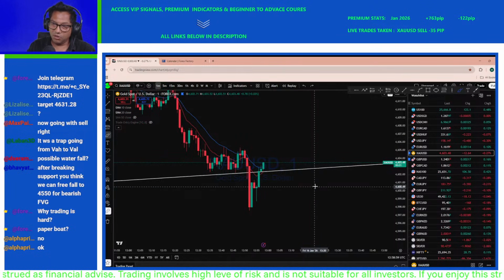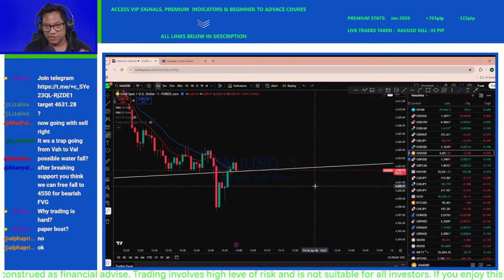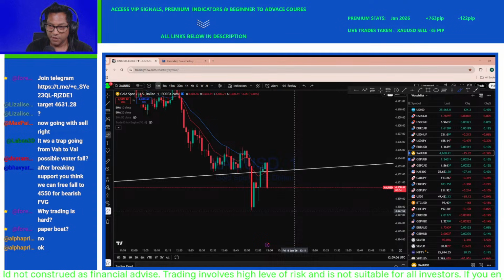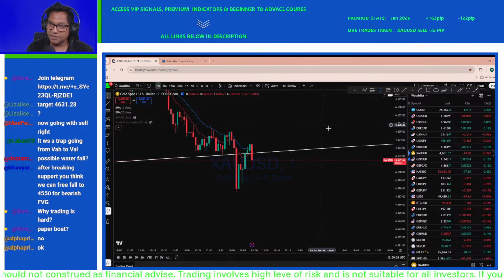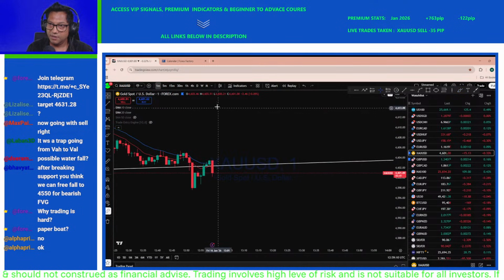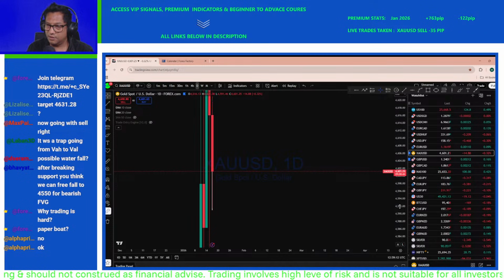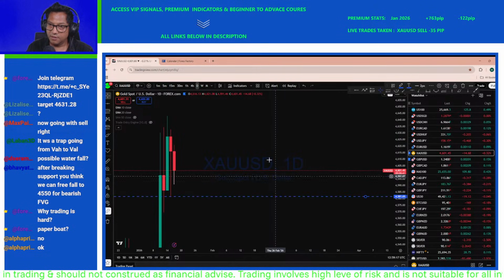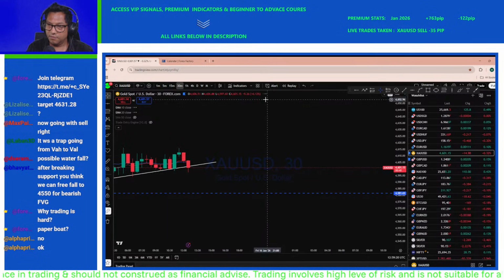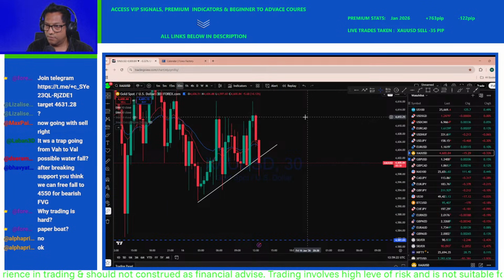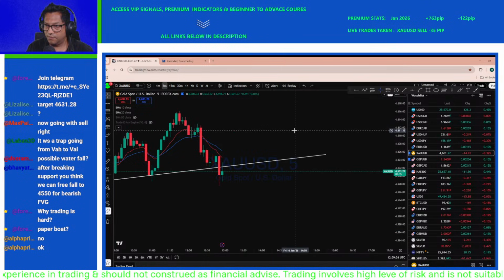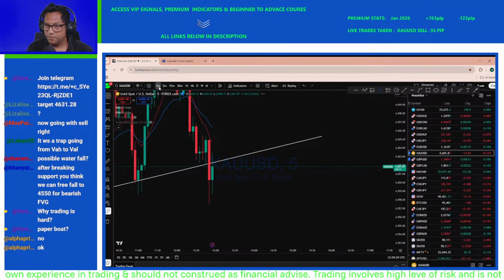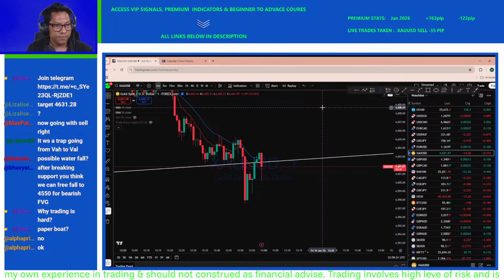Okay, here we got that one, and risk management is key. Here we can see the market slowly breaking below here, and we might see the price coming down to the daily low. All right, cool.